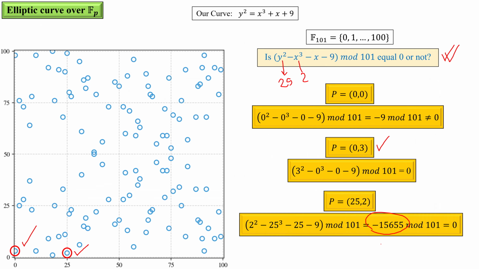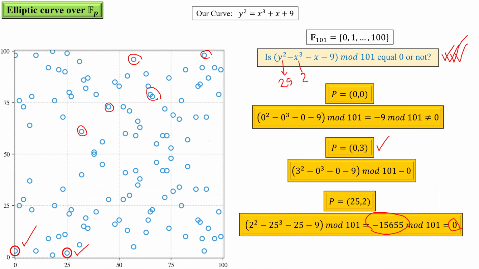If you compute this value in mod 101, you will see that the result equals 0. Since the result equals 0, this check is passed, so this point is accepted. If you check all of these points, you will see that this equation is passed. That's the reason we draw these circles here.